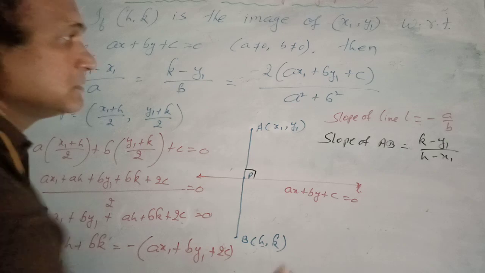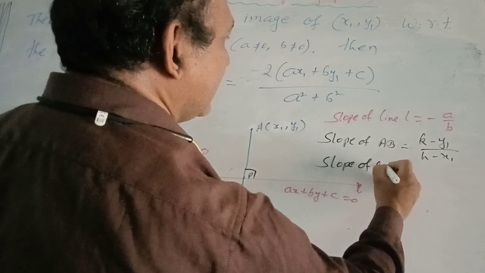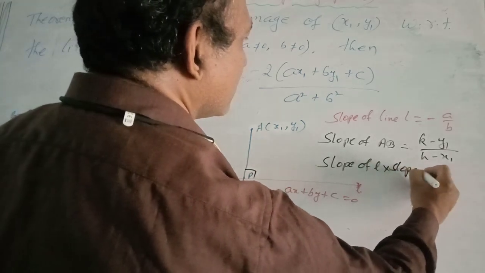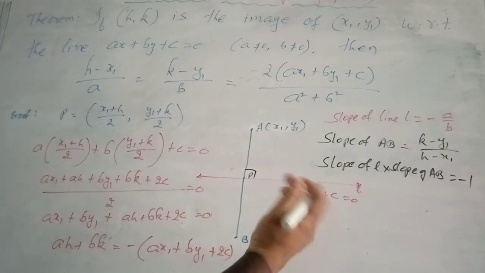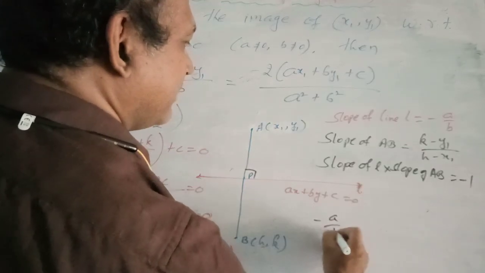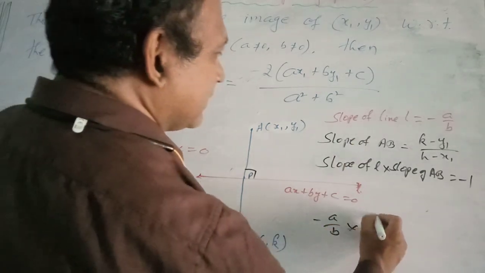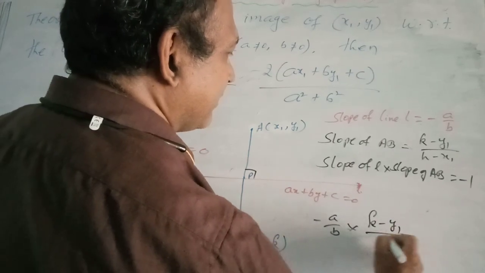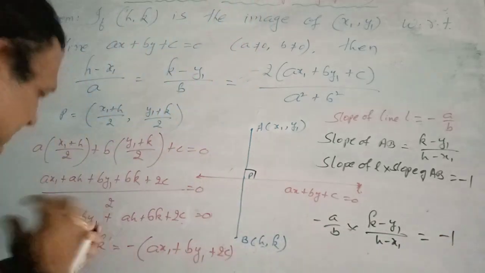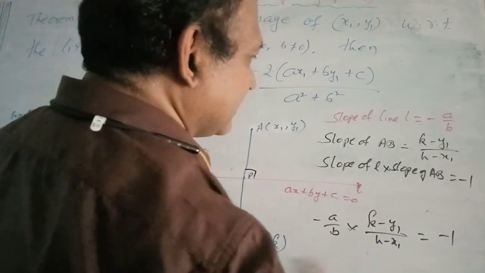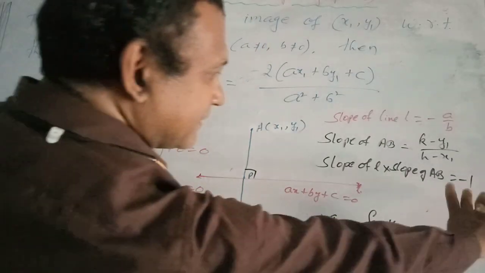So the slope of L into the slope of AB is equal to minus 1. I write the product of the slopes: minus of a by b into (k minus y1) divided by (h minus x1) is equal to minus 1. I can cancel this minus and minus, and transpose to that side.